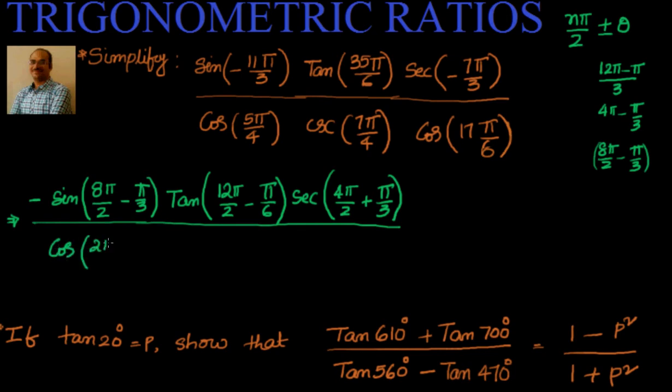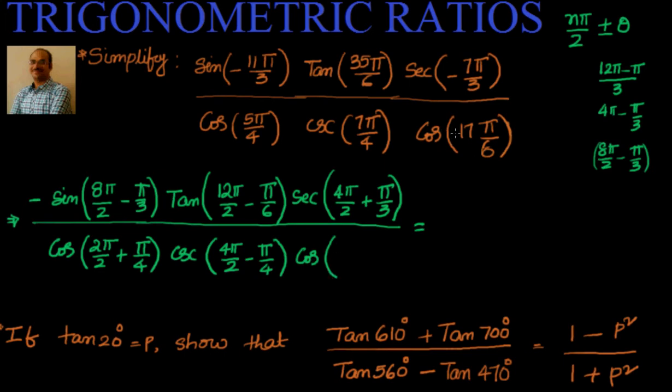I can write it as pi plus pi by 4, that is 2 pi by 2 plus pi by 4, into cosecant of 7 pi by 4. 7 pi by 4 I can write as 2 pi minus pi by 4, that is nothing but 4 pi by 2 minus pi by 4, into cos of 17 pi by 6.